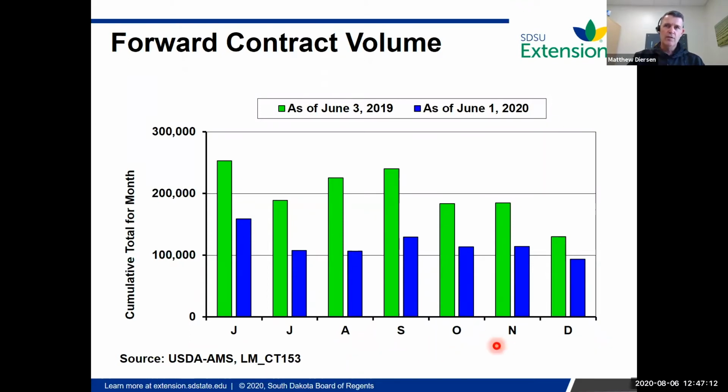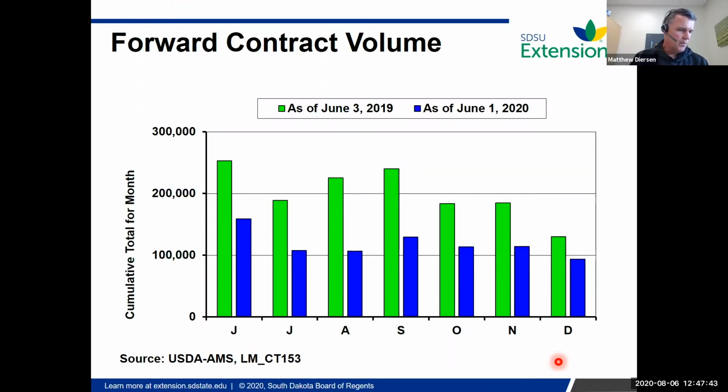September, October, November have all increased up to 150,000 head. So for these 3 months, volume was approaching where it was a year ago at this time for delivery in those time periods. So implications are that there would still be room for more cattle to be forward contracted, setting up or assuring a destination for fed cattle.